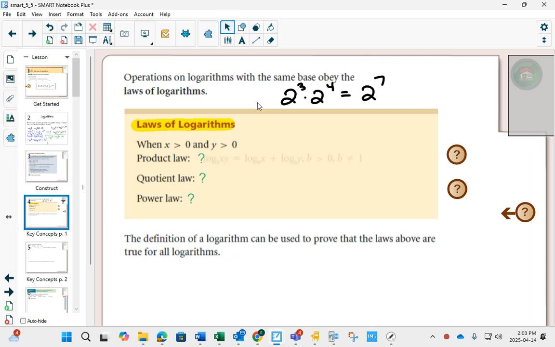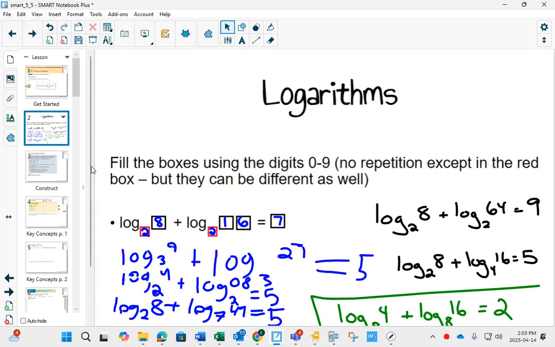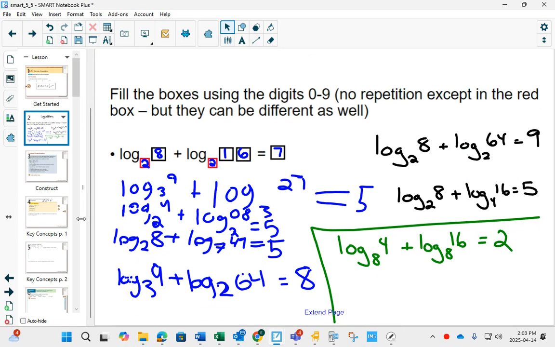In a logarithm, if you are multiplying inside a logarithm, you can just decide to add the two logs together. And vice versa, if you're adding two logs together and the bases are the same, you can multiply inside. If we go back to the one that I was trying to mess you up on, check it out. I'm adding together two logs with the same base.